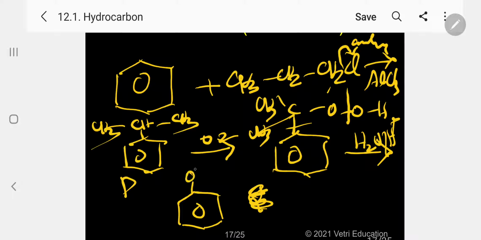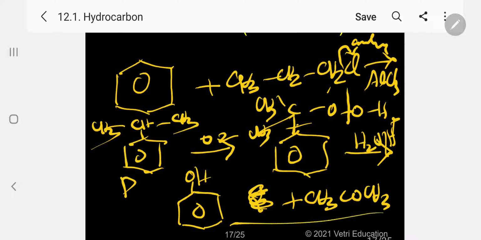This OH comes and attaches to the benzene ring, and the rest goes out in the form of acetone. This is a very, very important reaction. The OH attaches to the benzene ring, producing phenol, Q. This is R: acetone is R.